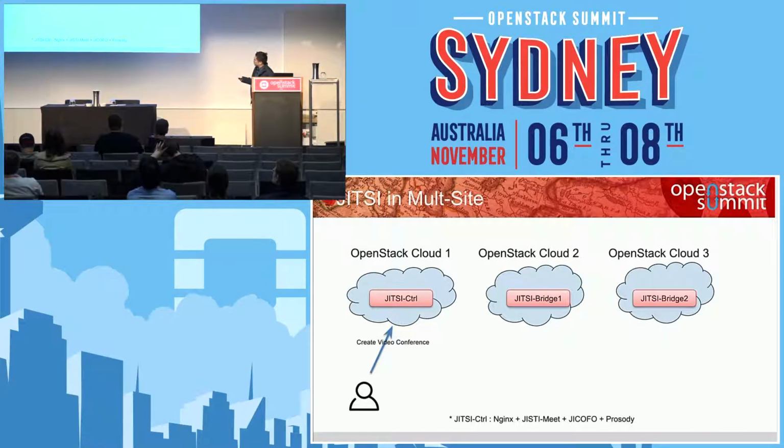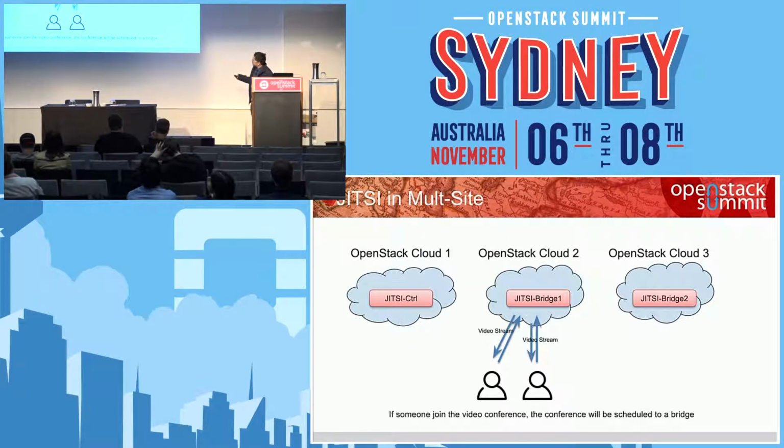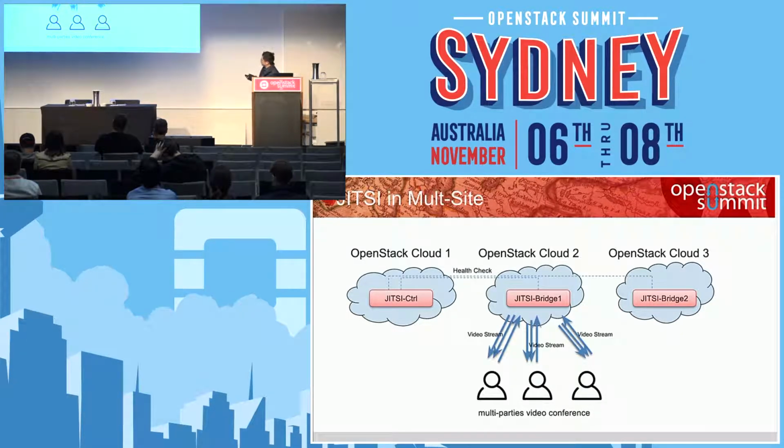When a new user creates a new video conference through the web interface, and another user joins the conference, the video stream will happen in a scheduled Jitsi Video Bridge. So the two guys can watch each other and talk, even including text messages. If more people join, the session can still be handled in the Jitsi Video Bridge.